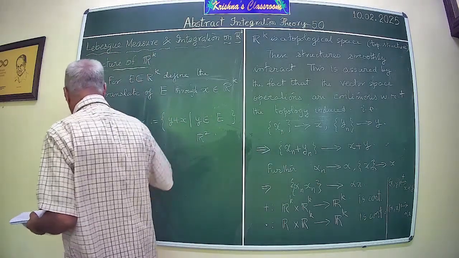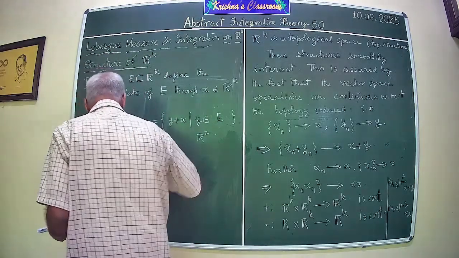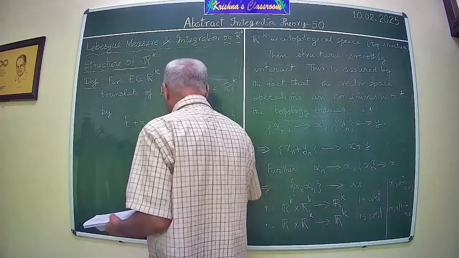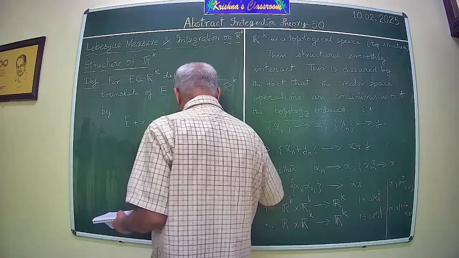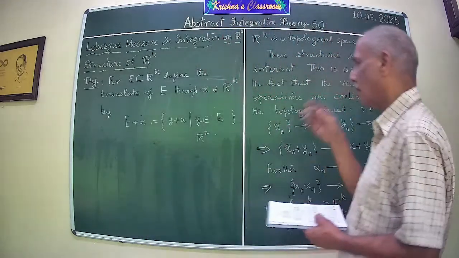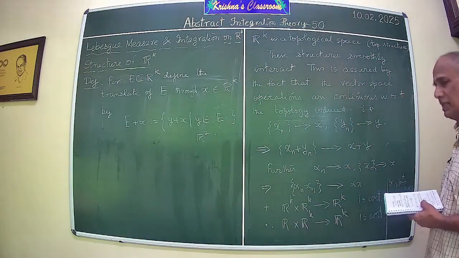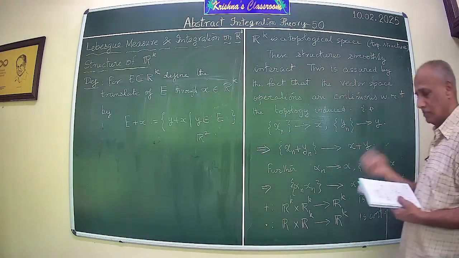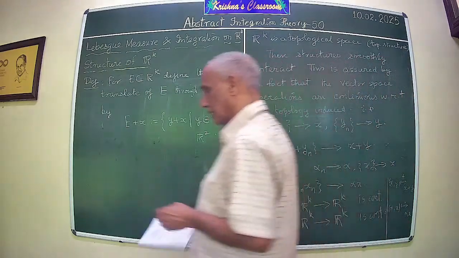For everything, R2 or R3 is the model, because there you have perfect visualization of what is happening, and that has been mathematically said for any k.